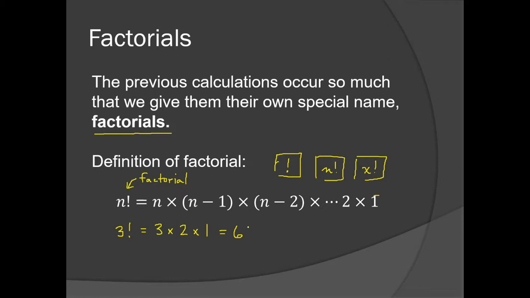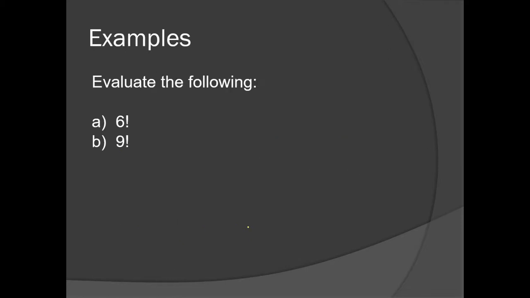Why don't you try applying this definition of factorial to these? 6 factorial, 9 factorial. You can try them by hand, but I would definitely suggest getting used to that button on your calculator. So find that button. We've already done 6 factorial, actually. We did it. This is the number of ways to arrange the letters in Brighton. It was 6 down to 1, and that was 720. But make sure you can do that on your calculator.